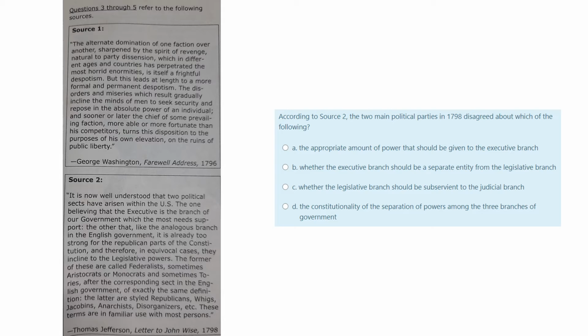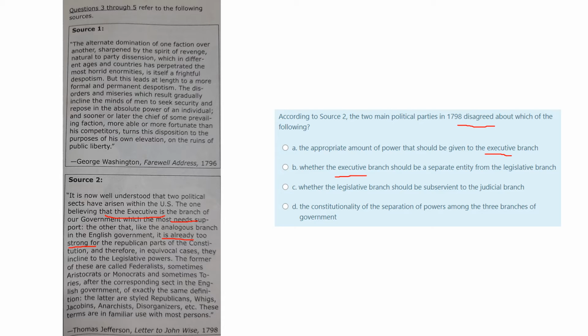Now, according to source 2, the two main political parties in 1798 disagreed about which of the following. Well, it says one believes the executive is the branch that needs support, the other that the executive is already too strong. So they're disagreeing about the executive. Here we have executive, here we have executive.